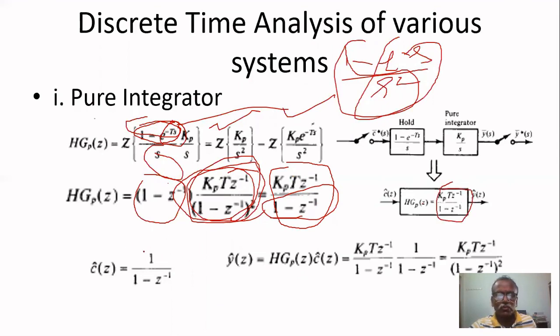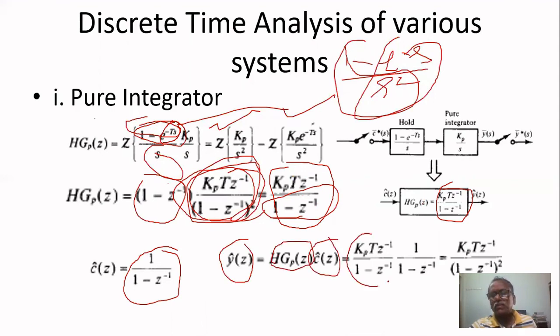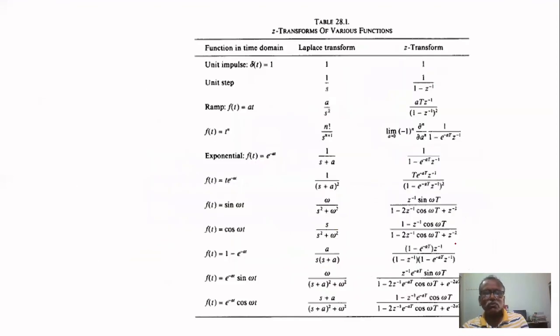How to find the response for that? Let us assume a step input. What is the response? Therefore, Y of z equals HGp of z multiplied by C of z. HGp of z is this, multiplied by the step input. You will get this. For this, what is the response? You go to the table. This is the response we got. What is that?